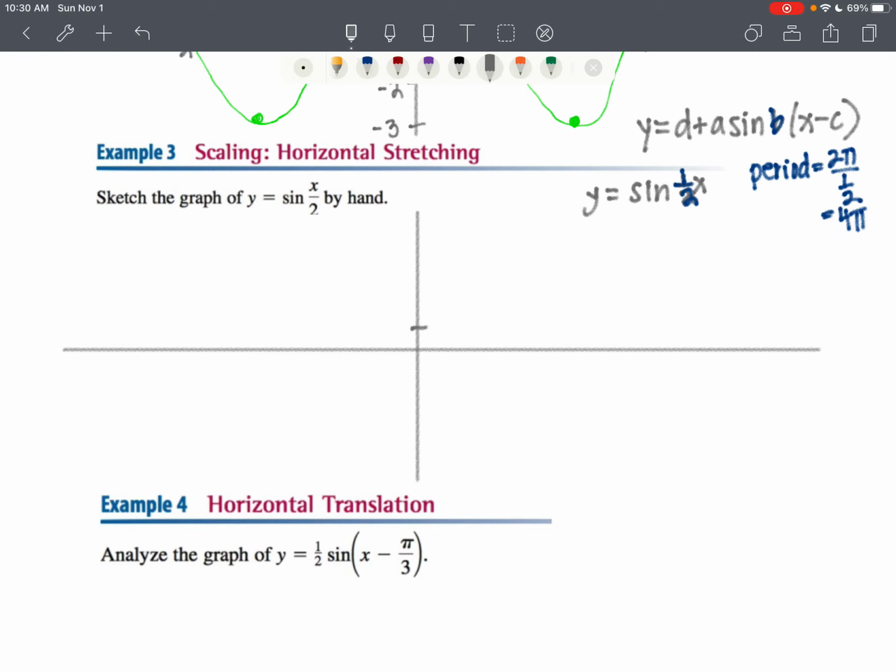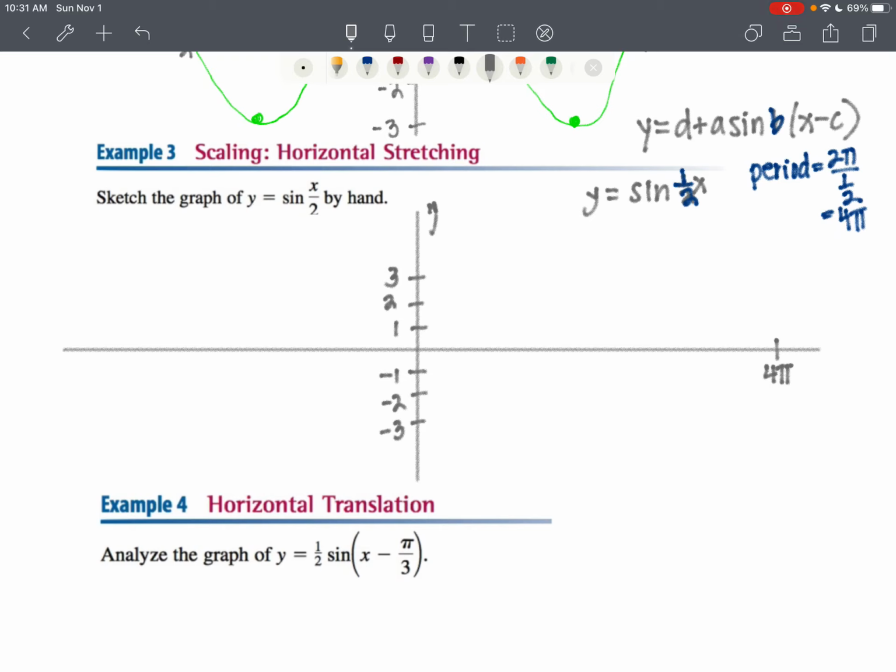So we have 1, 2, 3, -1, -2, -3 for our y values. And then for our x values, we're going to go out to 4 pi. And the reason we're going to go out to 4 pi is because the horizontal length of our pattern is going to be 4 pi.